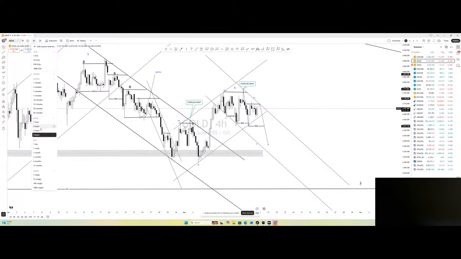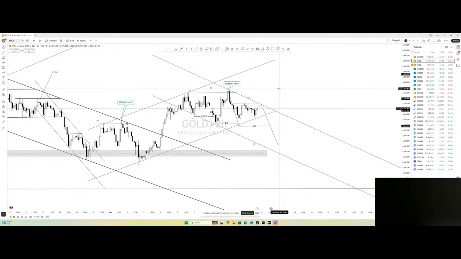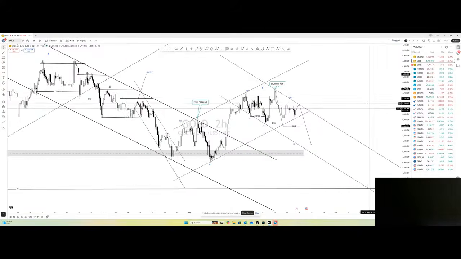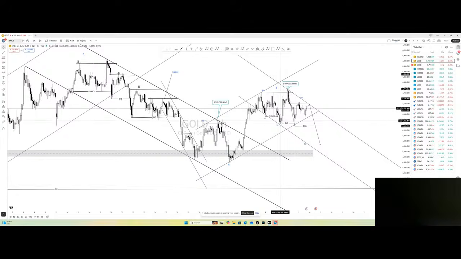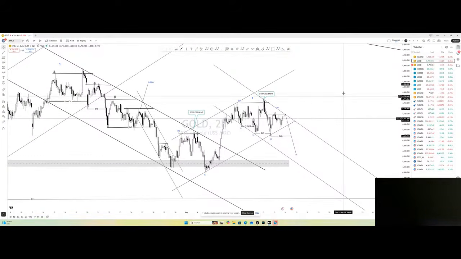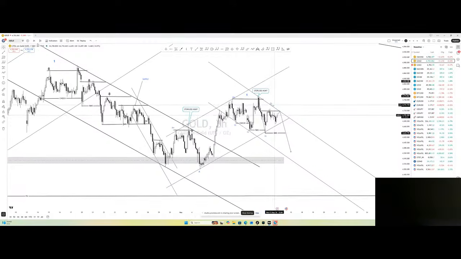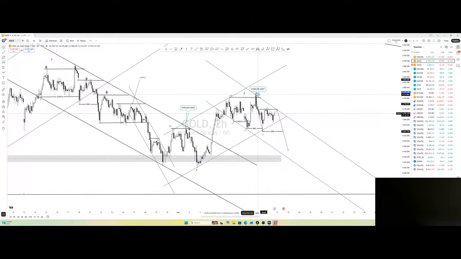4 hours, 1 hour, 2 hours. This is where we are. You can see change of character, break of market structure, prices making more lower lows. And that is a lower high. Okay, which one? This is the lower low. What's this? Higher high first. Let's say higher high.